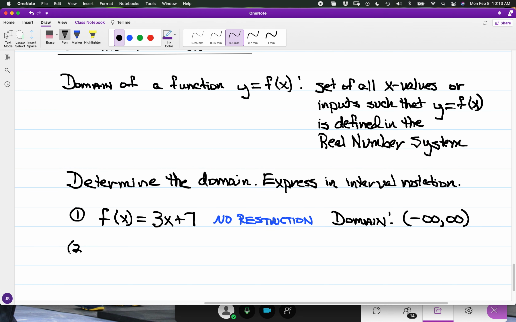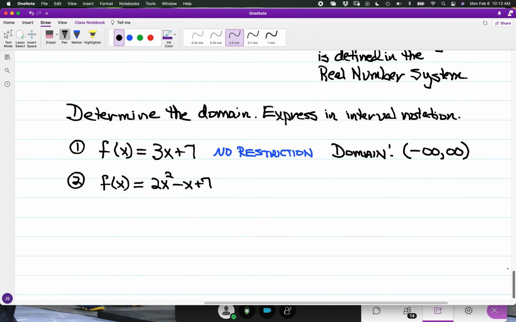And if we have, let's say, a function like 2x squared minus x plus 7, all the variable terms are given in direct fashion. We don't have a fraction or an even root radical, so again we have no restriction. Once again, the domain is going to be the set of all real numbers.